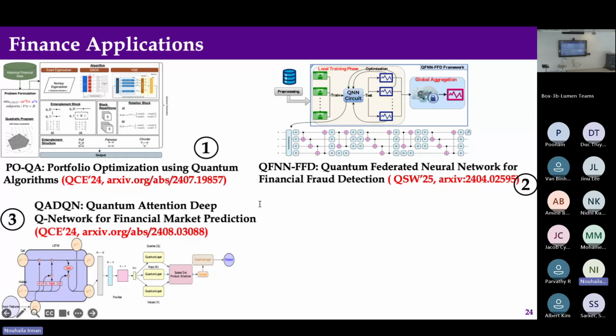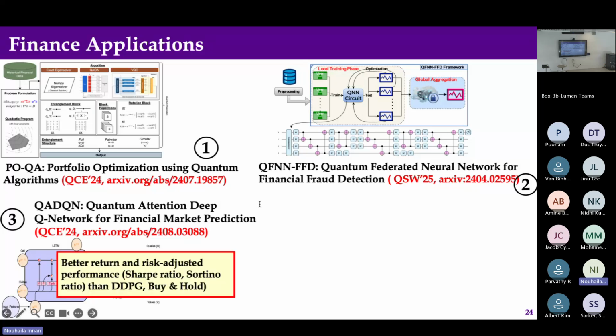That's why it is important to know how to evaluate the performance of your task on the application side. Yeah, and it was also working.